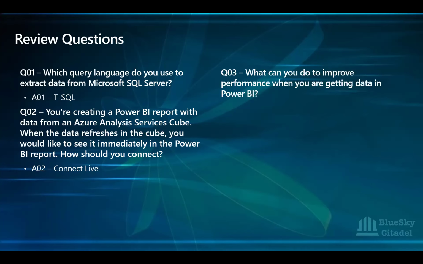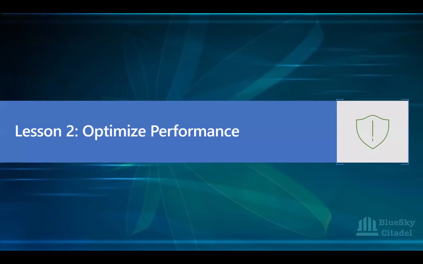What can you do to improve performance when you are getting data in Power BI? Do some calculations in the original data source first, so that you don't bog down your Power BI. I will show you when we get there.